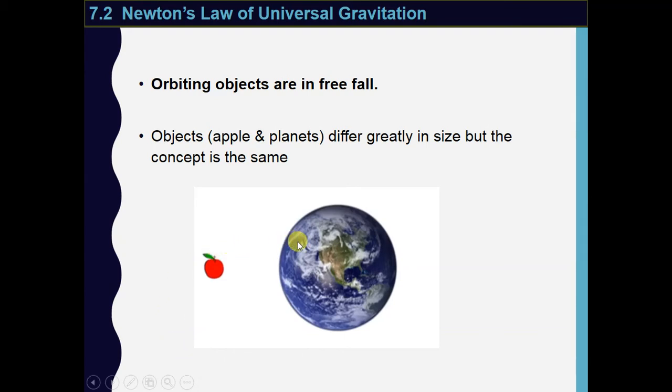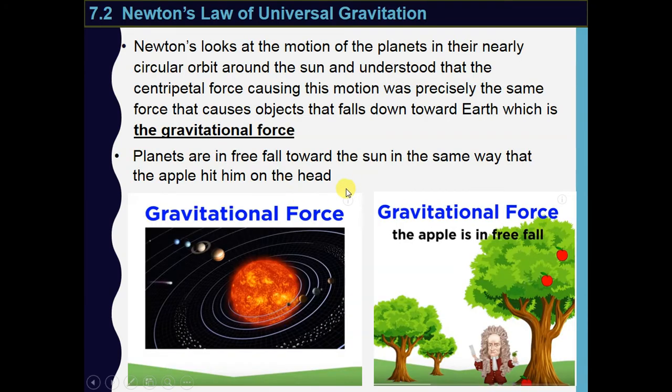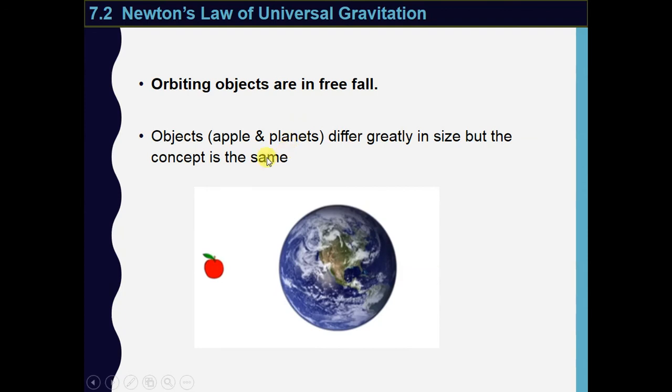So the planets are in free fall toward the sun, the moon is in free fall toward the earth, the apple is in free fall toward the earth. Objects such as apples and planets differ greatly in size, but the same concept holds true. We will see how.